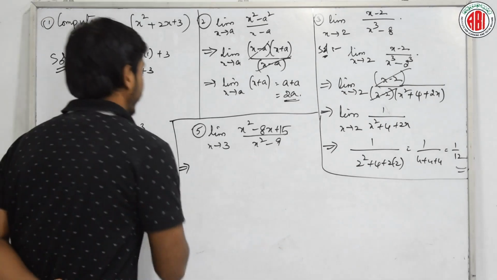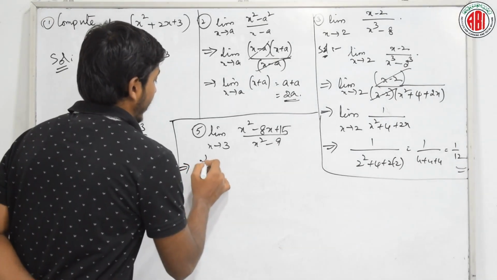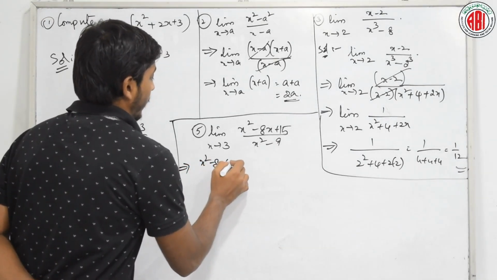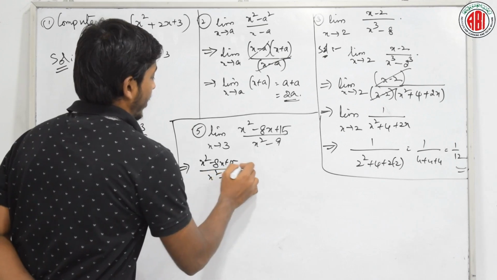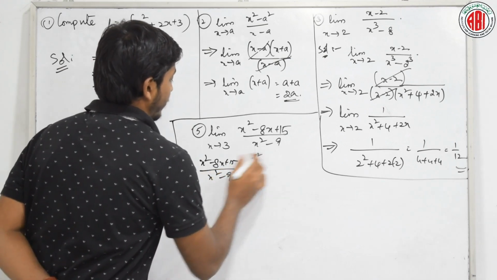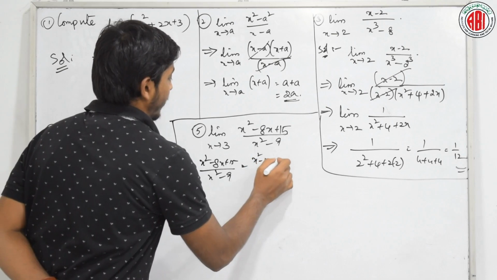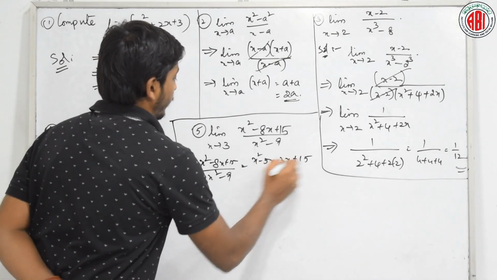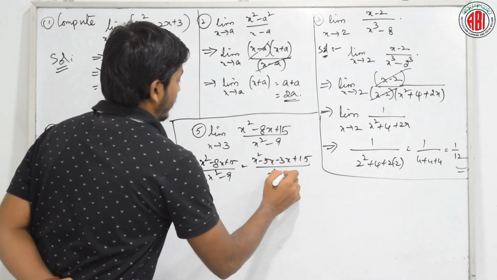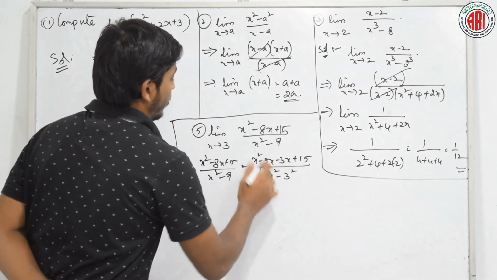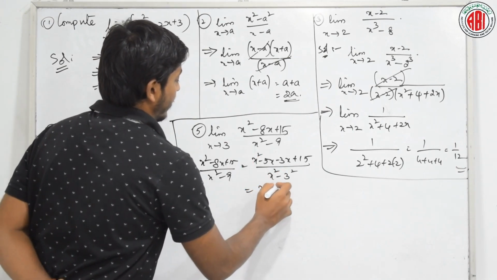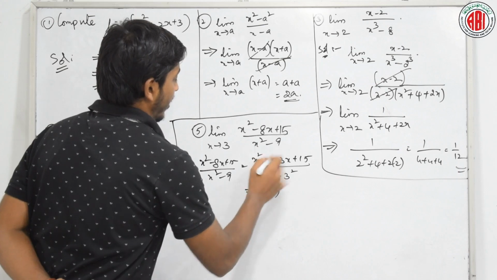Shall we do this separately? Let us take only this term and check what it will become. That is x square, with 15 factors, minus 5x minus 3x, divided by x square minus 3 square. From these two terms, I can take x common and I will be left with x minus 5.